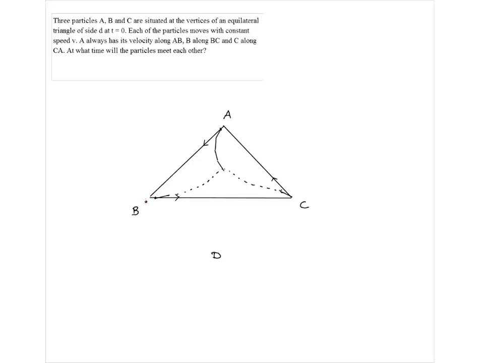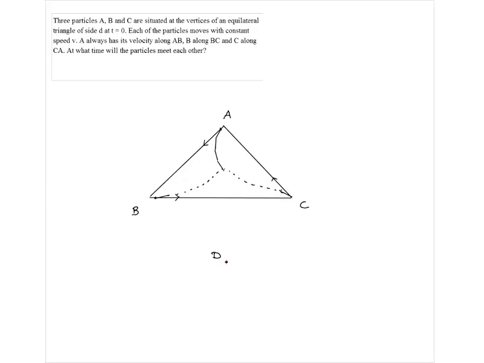AB distance, which is D. If B is the observer, B is not moving at all. B is right there. So if A wants to reach B, A has to travel that much distance. And A is traveling straight. This is what B will say.